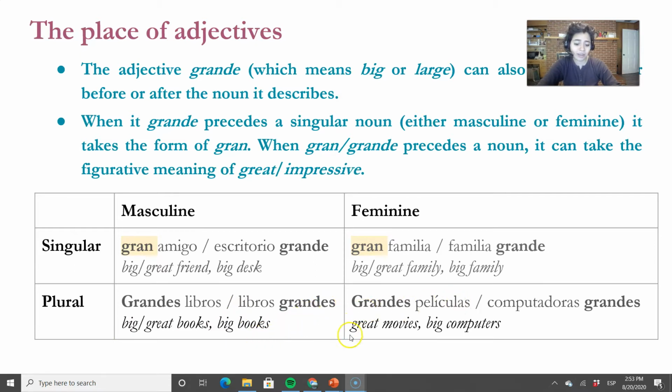Grandes películas can only mean great movies, because if you want to say that a movie is long, you would use another adjective. You wouldn't use big movies, you would use long movies. In Spanish, you would say la película larga. Es una película larga. So, computadoras grandes can only mean big computers.